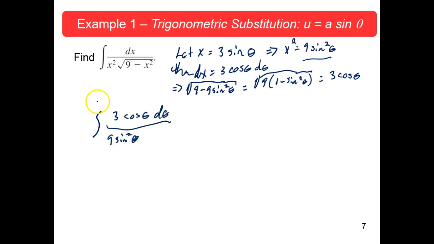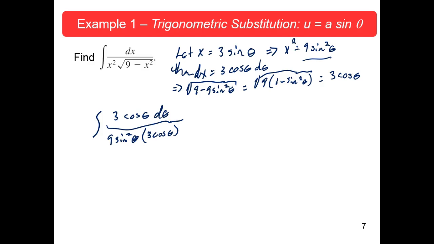Agreed? And then your radical, 9 minus this, is just simply 3 cosine theta. Agreed? Got it? How's that radical there? We just plugged in the x squared, and that came out 3 cosine theta. So we put that in instead of the radical.